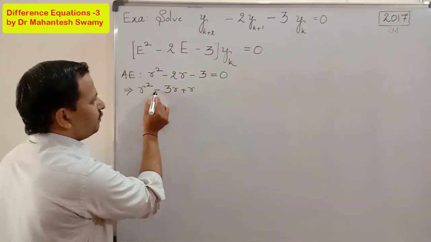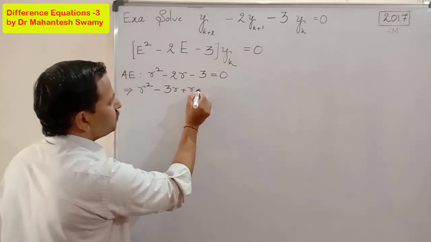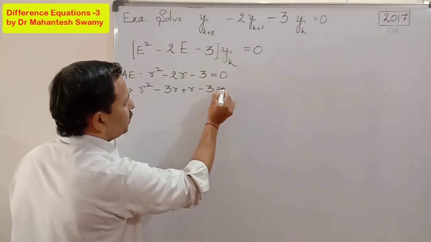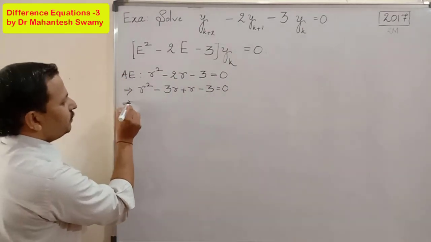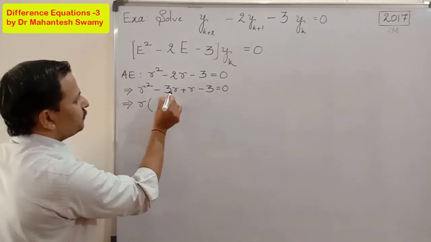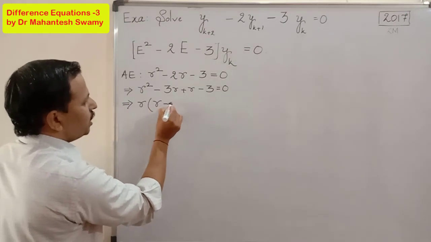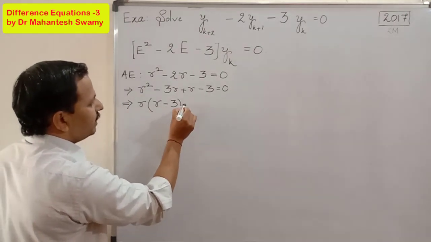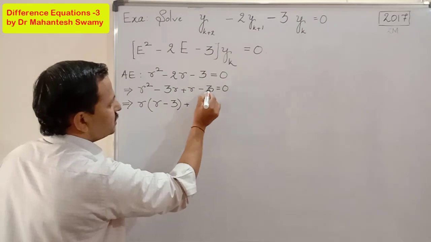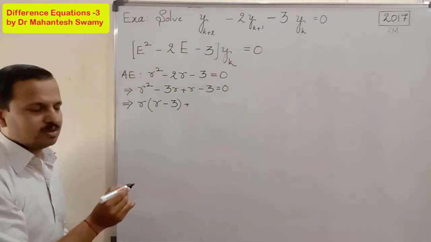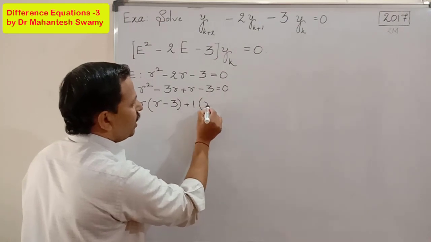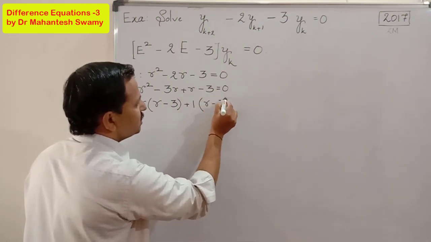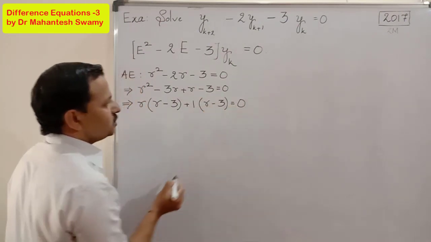At the same time, minus 3 into 1 gives us minus 3. So we can write the above equation in this format, and take r common between the first and second terms, so as to have r minus 3 within the bracket, plus between the third and fourth terms, let us take 1 common, so as to have r minus 3 in the bracket, and on the RHS 0 as it is.